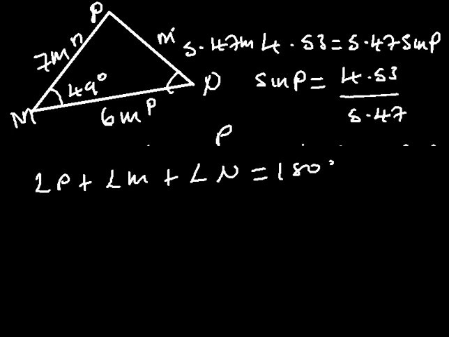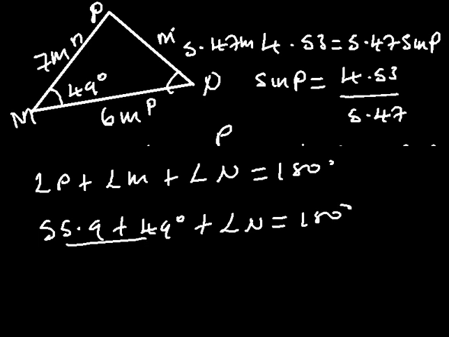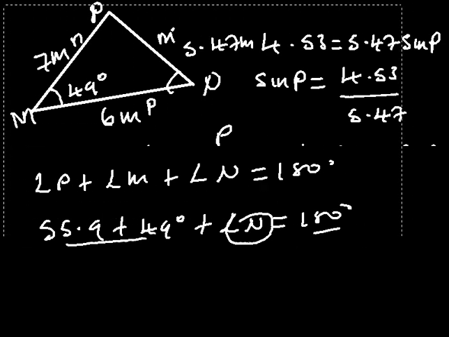So we have the angle P, which we have already calculated, given as 55.9, plus angle M, which is 49 degrees, plus angle N, that is to be calculated, equal to 180. So you transfer that to that side, and that is the way you can have it there.